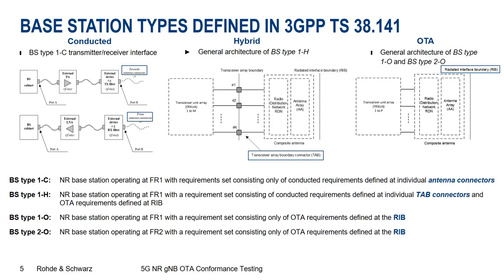So a base station for frequency range 1 can be either a conducted, a hybrid, or an OTA. Let's say the normal way is that the base station for FR1 is still measured in conducted, and for FR2 all the tests need to be done over the air.